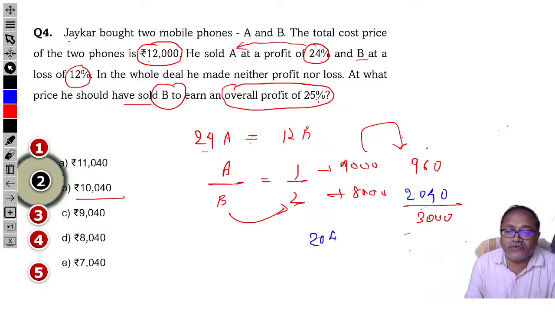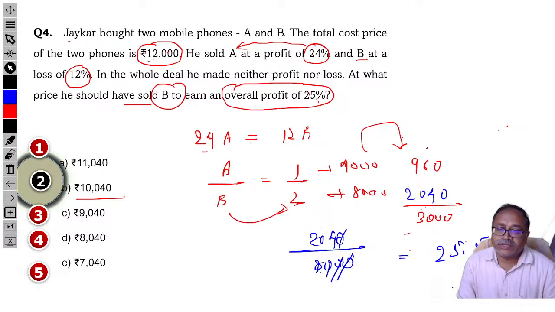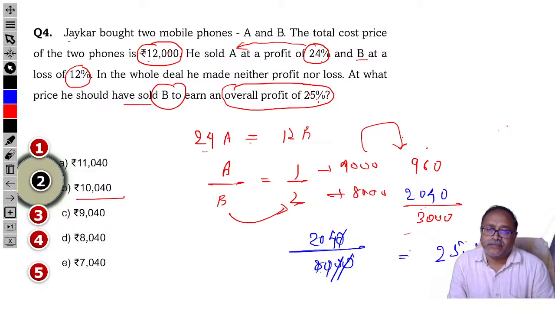So 2040 is what percentage of 8,000? These 2 zeros get cancelled, and with the 4 with the 8, 2 is 16 and 8 5 is 40 and 8 5 is 40. So this is what. Okay, why are you looking for this?